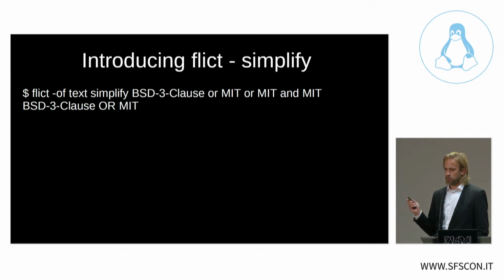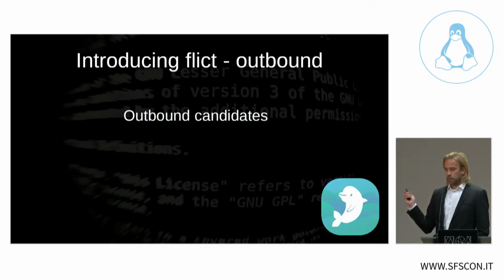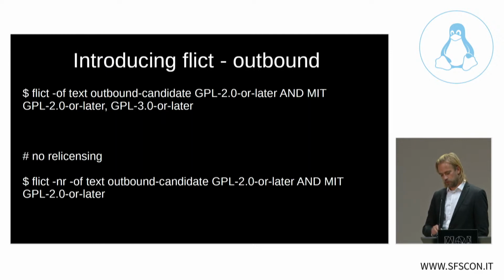Simplify is important because we can reduce the complexity when calculating compatibility for a big project if we can simplify license expressions. I'm not taking any credit for this. This is done by Philippe and the others at ScanCode and license-expression. We can calculate candidates for outbound license, and it's candidates because we don't promise to be certain here.